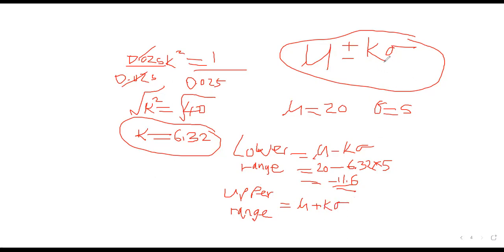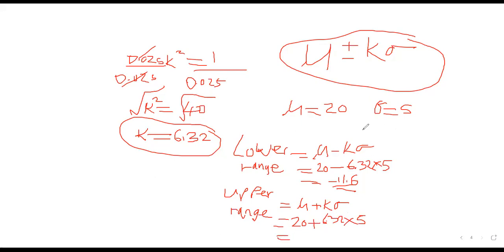K is not given for Chebyshev, but for the empirical rule, K can be within two standard deviations of the mean. So we can now say 20 plus our K, 6.32, multiplied by the standard deviation, which is 5.